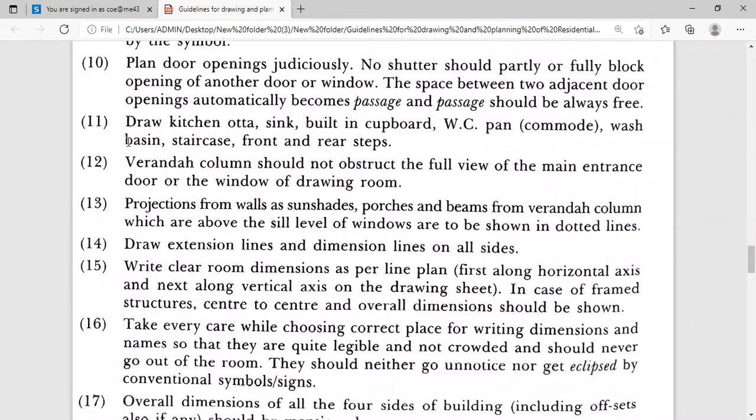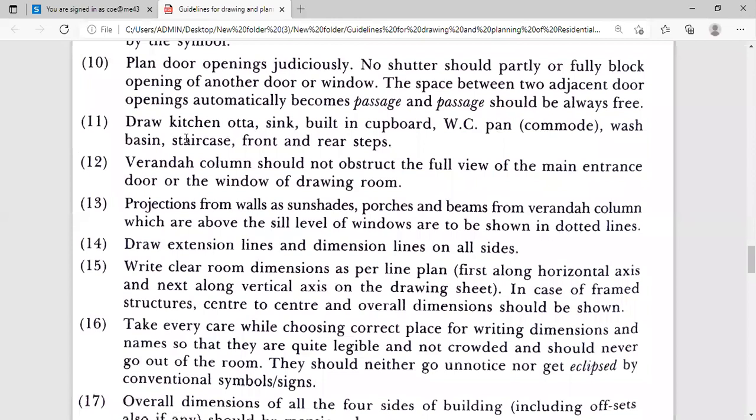Then number 11, draw kitchen ota, sink, built-in cupboard, WC pan or commode, wash basin, staircase, front and rear steps. Also, you have to show these things in a sketch plan, such as the kitchen ota.